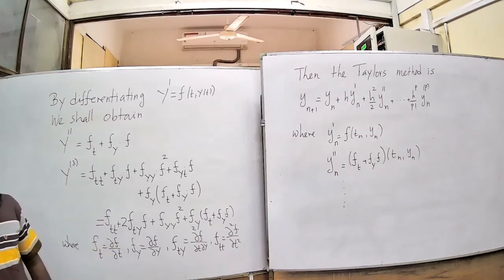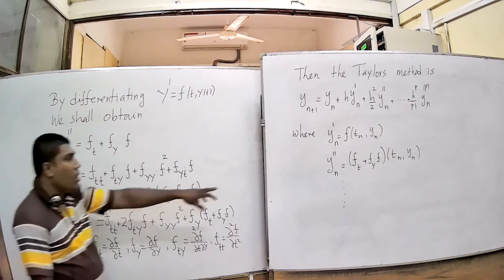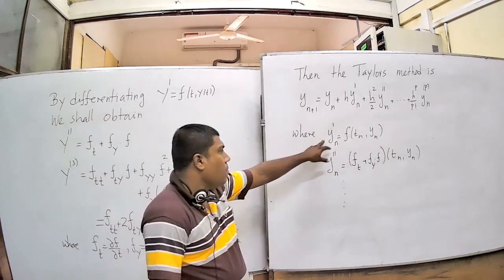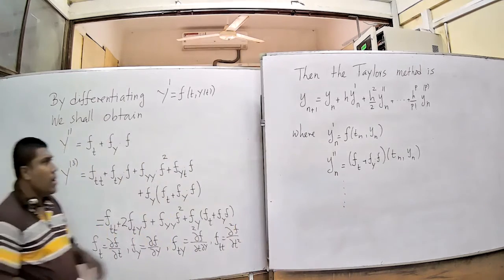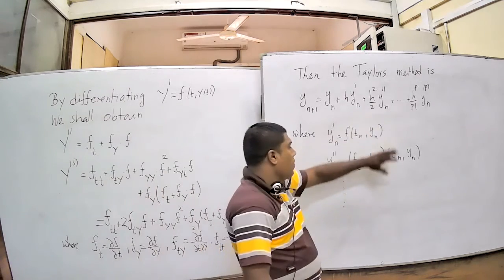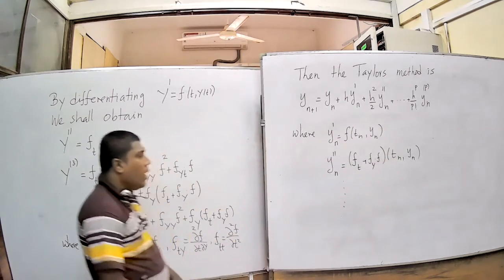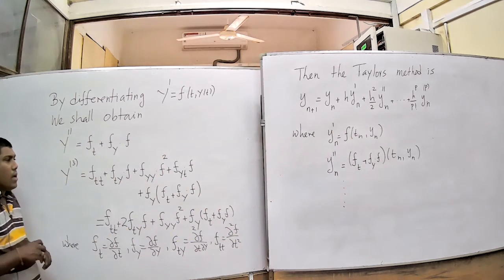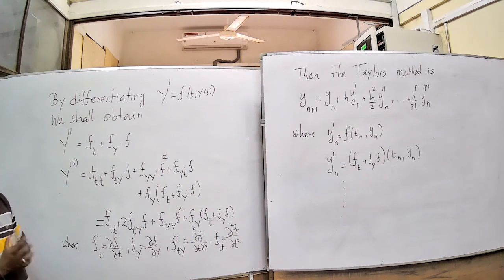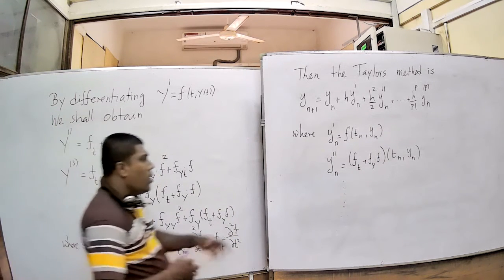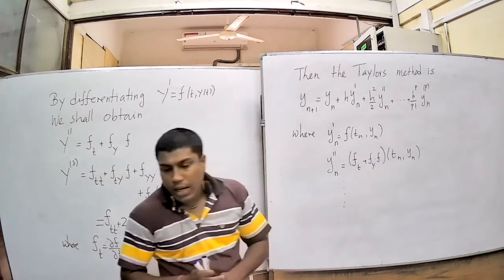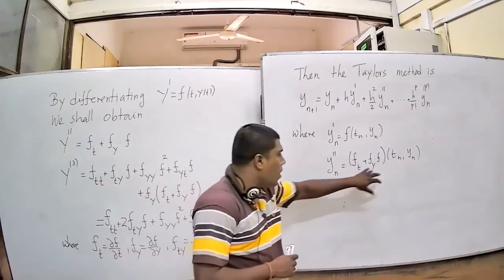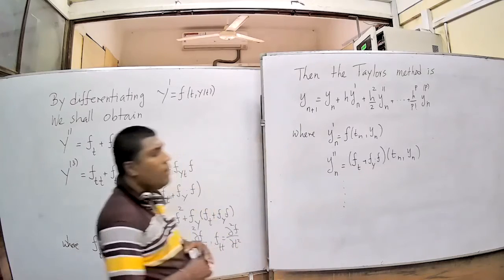Here, obviously, you can see that y prime is a function of f. And then y double prime is a function of f, and basically it is a composition of functions, so it is a composite function, f sub y circle f, and a combination of derivatives.